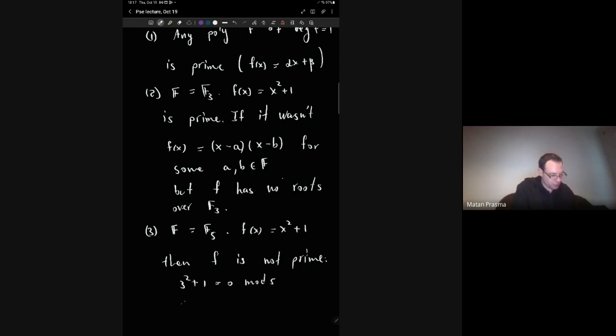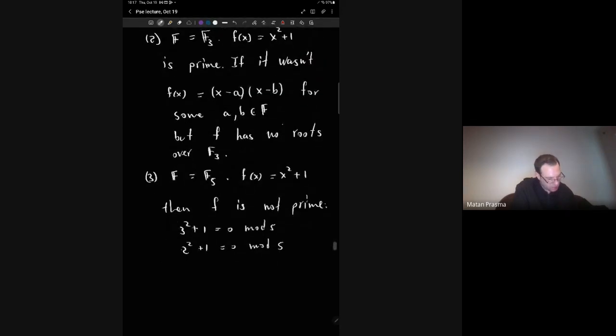And 2 squared plus 1 is 5, which is 0 modulo 5. So x squared plus 1 is (x minus 2)(x minus 3), so it is not prime.